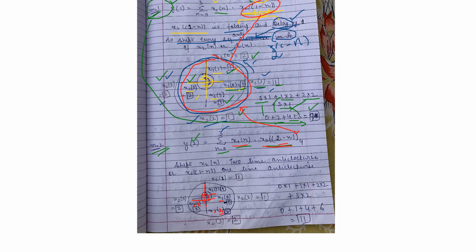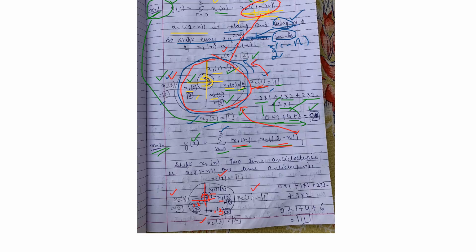So x1 of n is the same thing. Now x2 of 1 is here. It will go to this position because you have to shift every sequence by 1 in the anti-clockwise direction. So x2 of 1 will be here, x2 of 0 will be here, x2 of 3 will be here, and x2 of 2 will be here.